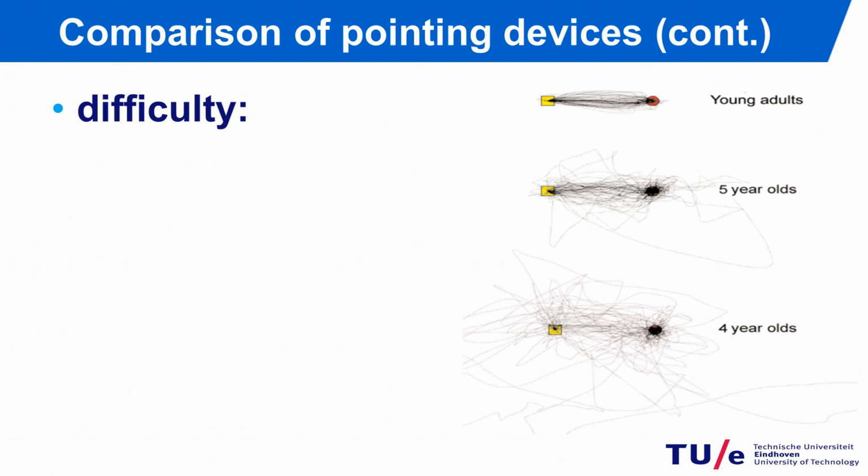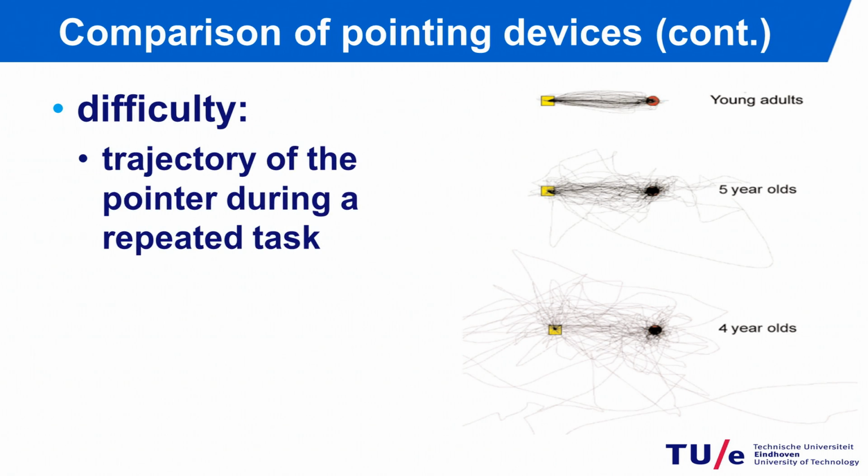Now, the difficulty of hitting a target can easily be seen through a simple experiment where users are asked to move back and forth between 2 points on the screen. What we see in this example image is that the precision and the randomness vary with age. When we ask a 4-year-old to do this, we see that the mouse movement and the pointing is moving all over the place.